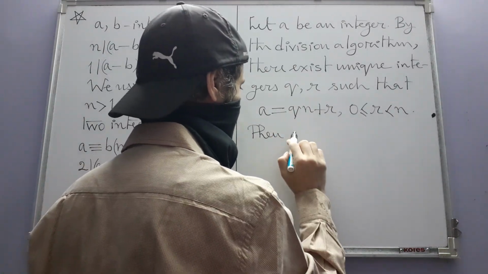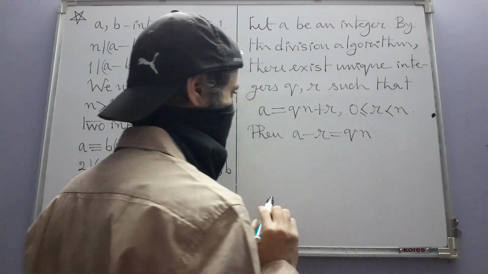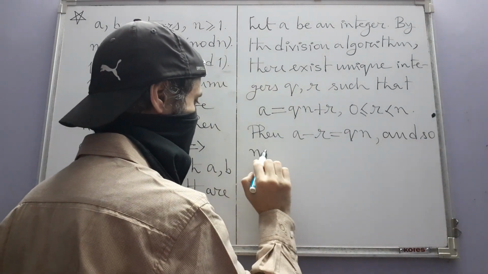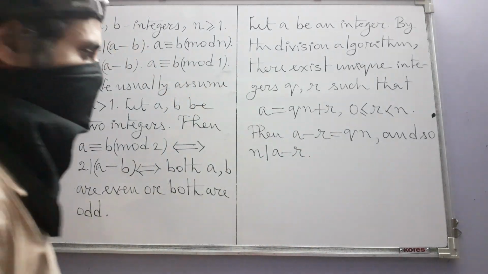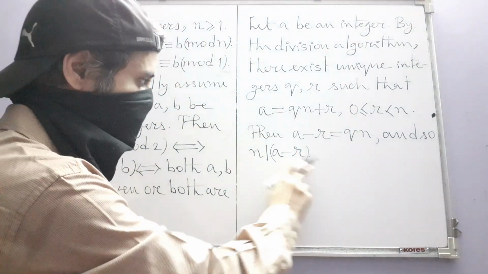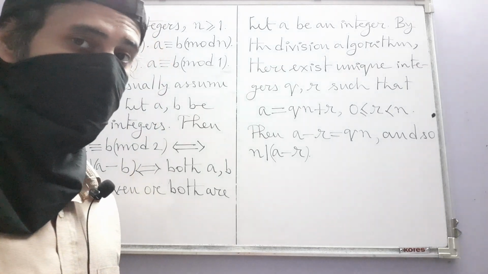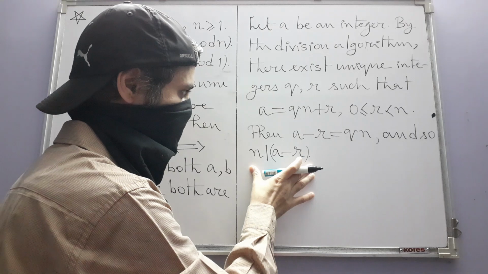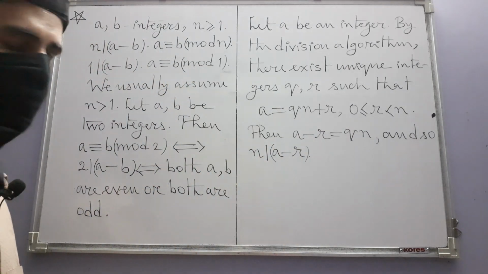Then a minus r is equal to qn, and so n divides a minus r because q is an integer. Note that this equation by itself is not enough to conclude this. You also need the divisor to be non-zero. Never forget this: when you conclude a divisibility relation from an equation like this, make sure that the divisor is non-zero.